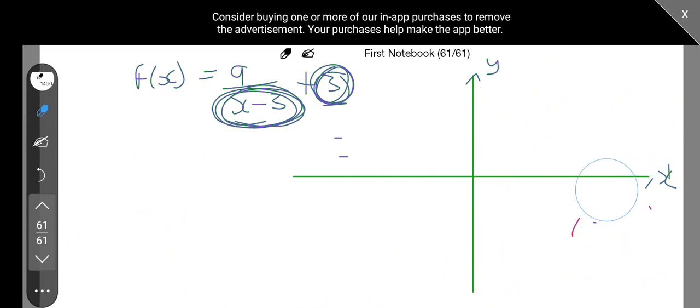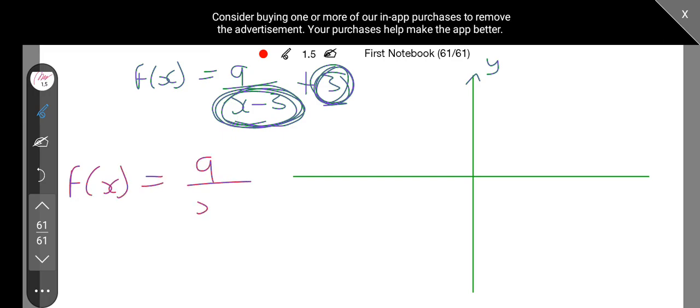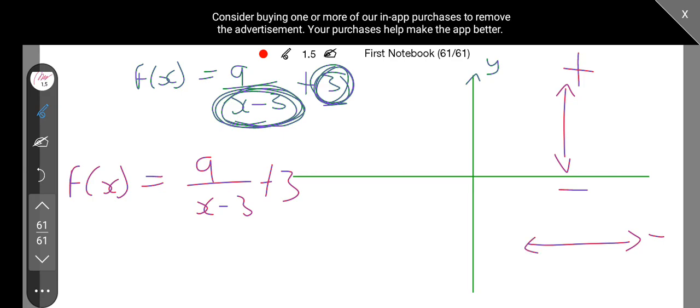The graph here was given as f of x is equal to 9 over x minus 3, plus 3. Remember I said when you are going up, you add. When you are going down, you subtract. If you are going to the right, you subtract. If you are going to the left, you add. They say we are going 2 units down and 1 unit to the right.